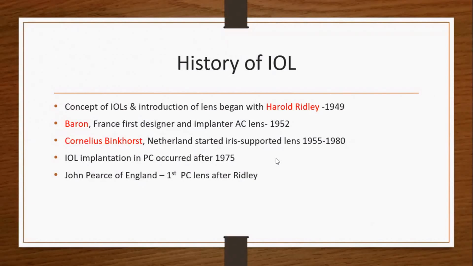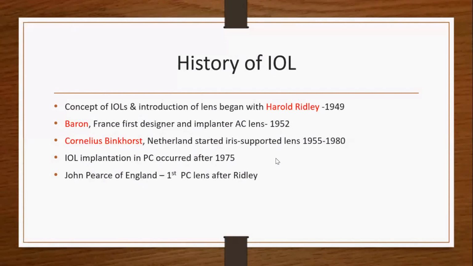It was a vast experience of anterior chamber lenses. In the year 1955, Dr. Carolinius Binkhorst from Netherlands started using a lens which is supported by the iris. From 1955 till 1980, it was used in various countries like the US, Italy, Spain, and most Western countries.